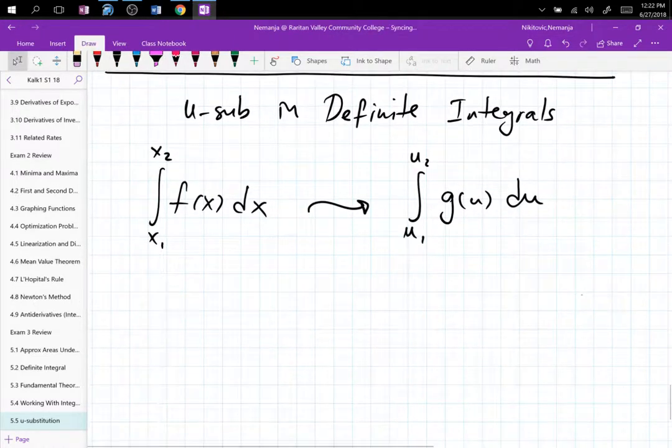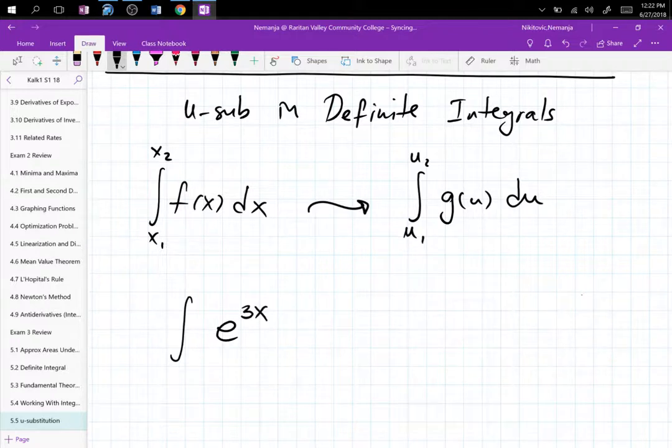So let's do the most basic example. Let's say you have to work on the integral of e to the 3x dx, and your limits are 1 to, let's say, ln 6.